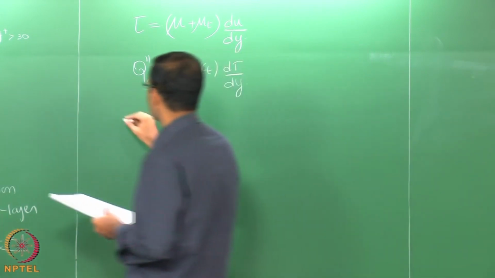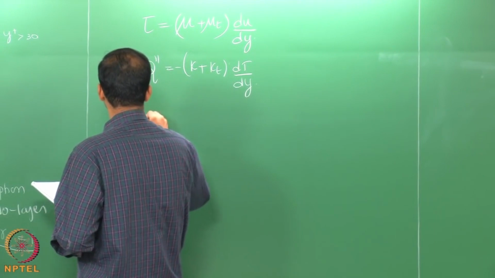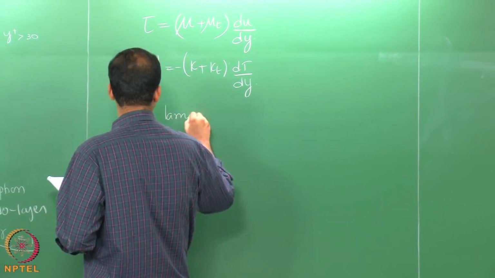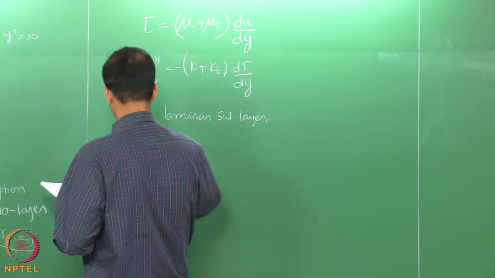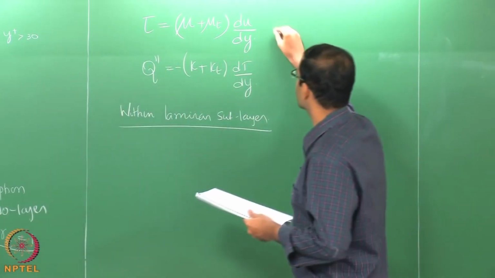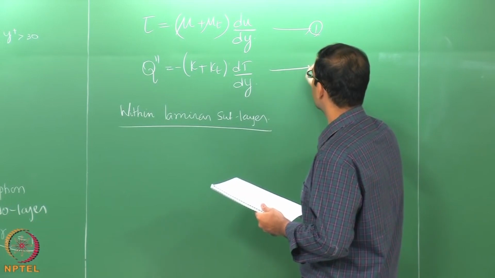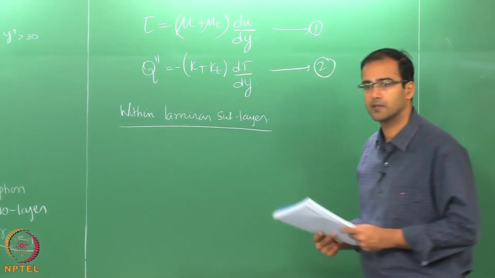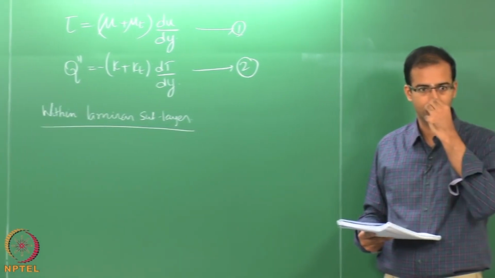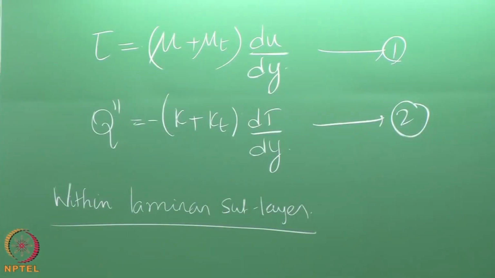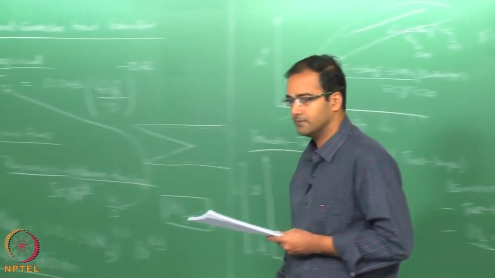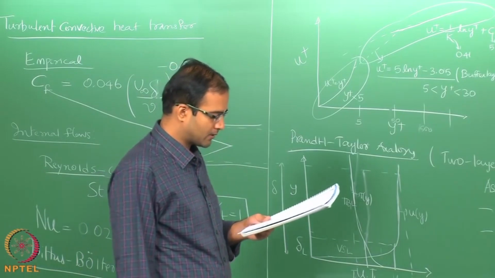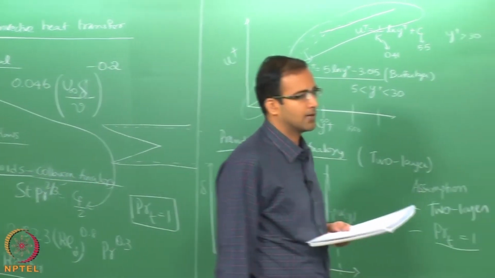So, within the laminar sublayer, can you integrate, let us say, equations 1 and 2 within the laminar sublayer, where we can neglect the turbulent diffusivities, integrate your velocity and temperature profiles from the wall till the edge of the laminar sublayer, delta L, and then take the ratio of 2 by 1.